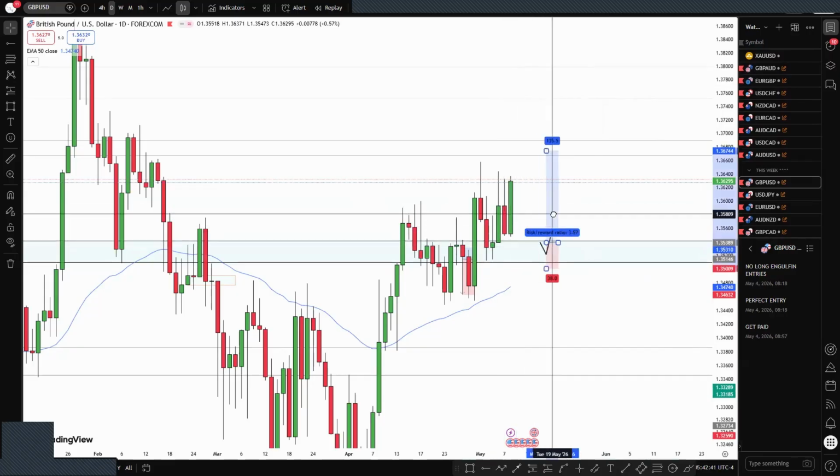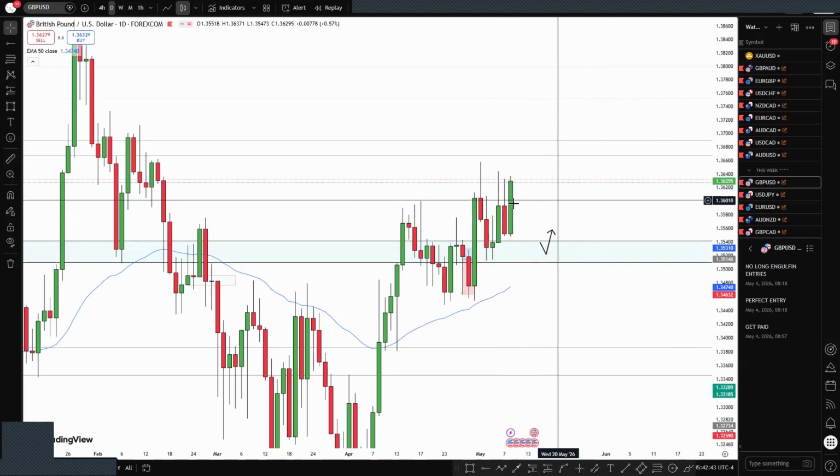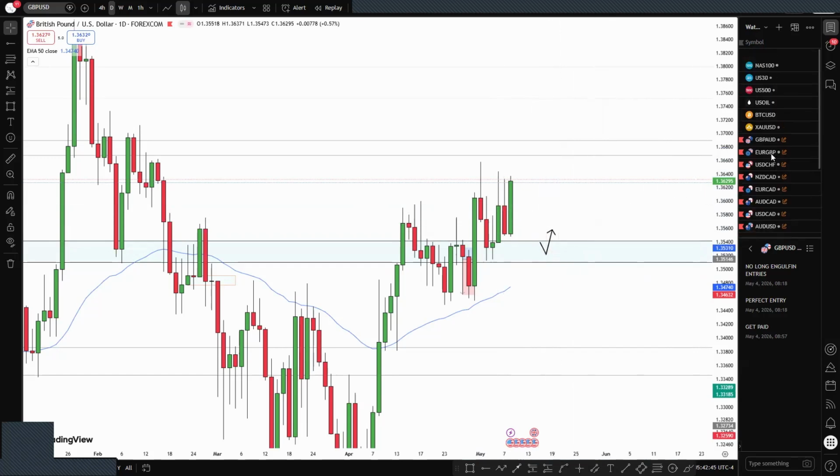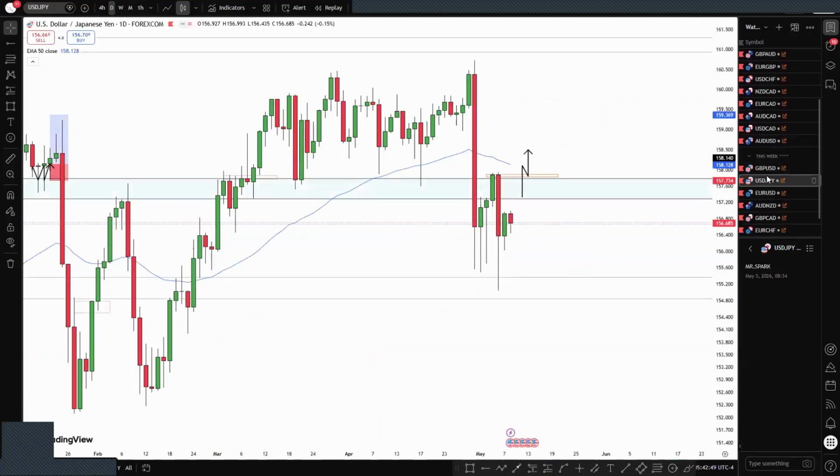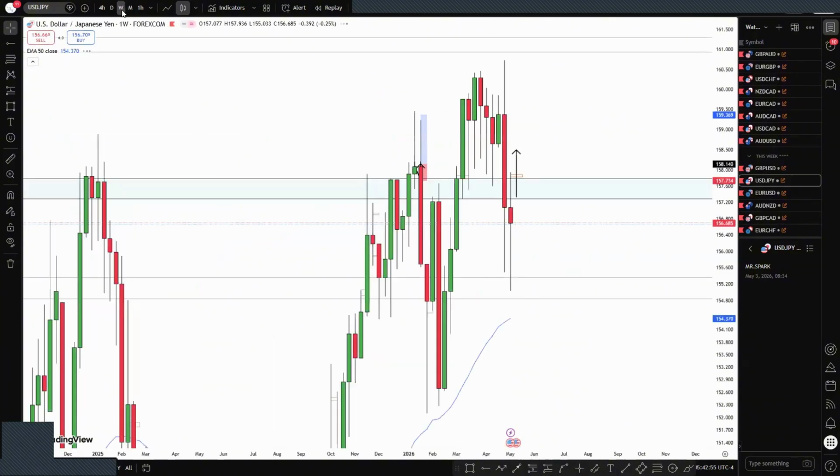So we will let this one go for this week. I wanted to add this one, ADJPY, but I didn't like how the weekly is looking, so I'll wait to see if next week we have a weekly engulfing.